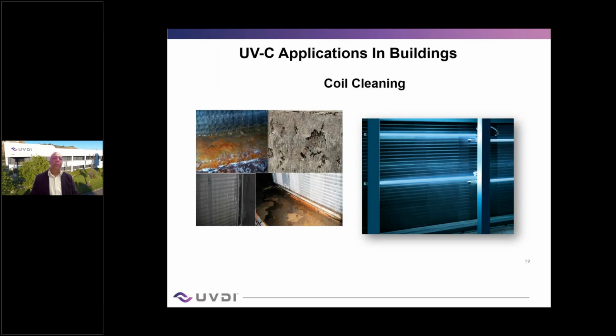Coil cleaning is of course the most used because we know that the coils get fouled, they have bacteria growth, and then there's a challenge in heat transfer coefficient, pressure drop, and other things. And UV light is installed downstream or upstream of the coil. More downstream is recommended because it can also get the drain pan.